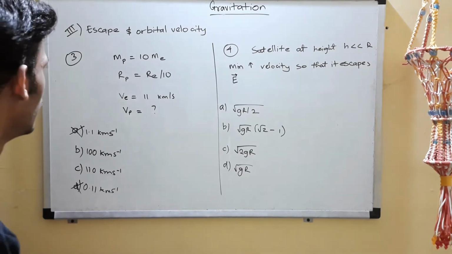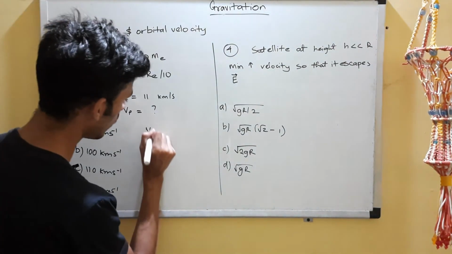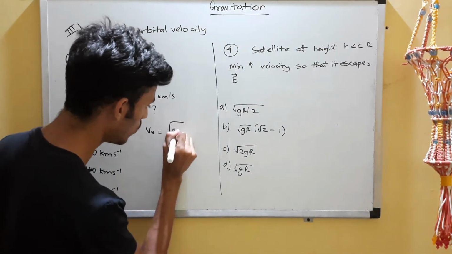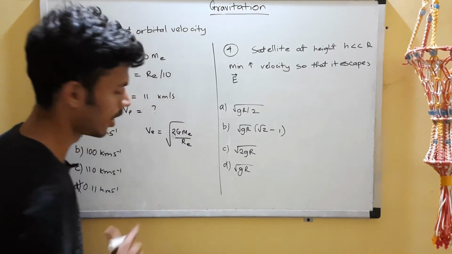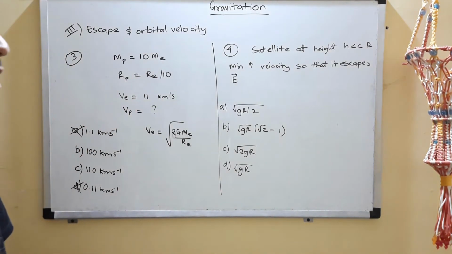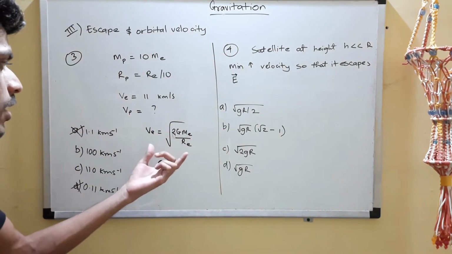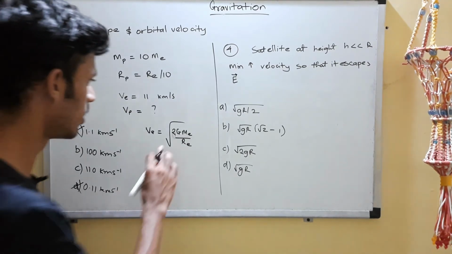But now let's try to solve it. So we can write the escape velocity of Earth as the formula square root of 2GM_E by R_E. I know you might remember it in terms of acceleration due to gravity, that is easier to remember, but this is a better version of the formula, I would say. So please remember this formula too.